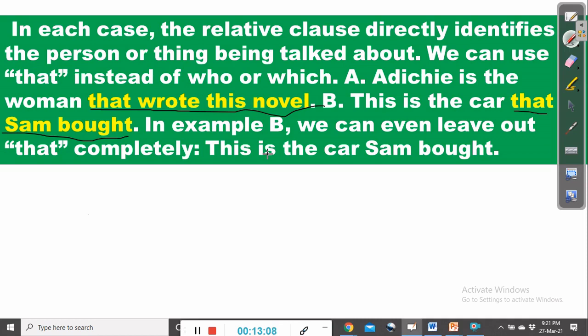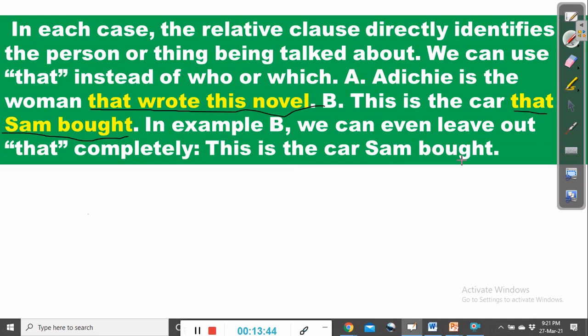And this is done because you discover that the information is essential to the identity of the thing we are talking about. So we can say, this is the car Sam bought. So we have removed which. Instead of saying this is the car which Sam bought or this is the car that Sam bought, we can simply say this is the car Sam bought.